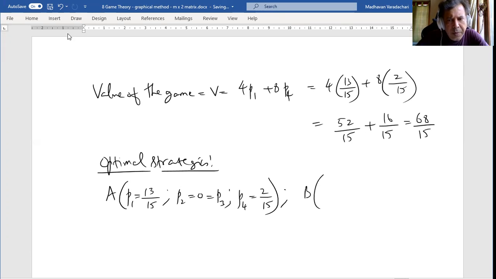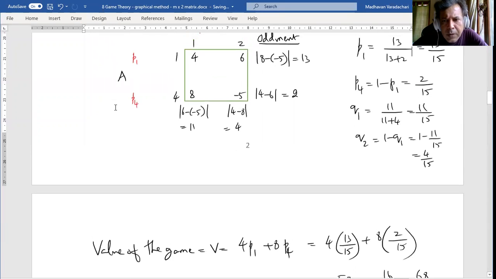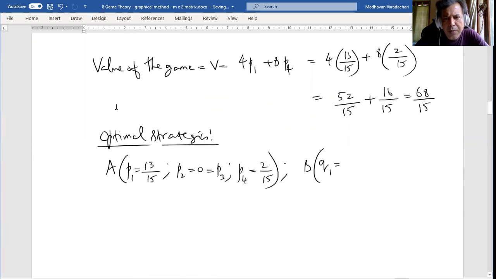And for player B, Q1 equal to 11 by 15 and Q2 is 4 by 15. That is the solution for this particular problem.